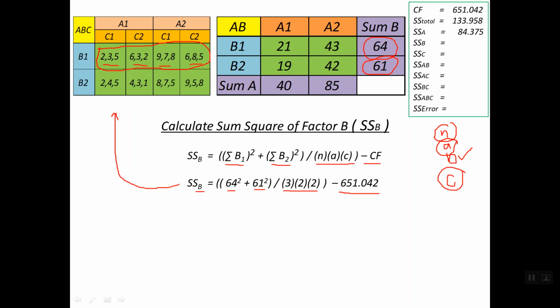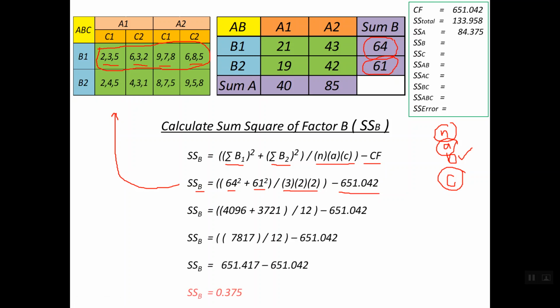This is the correction factor. So if you proceed, you will get the value of SSB, which is 0.375.